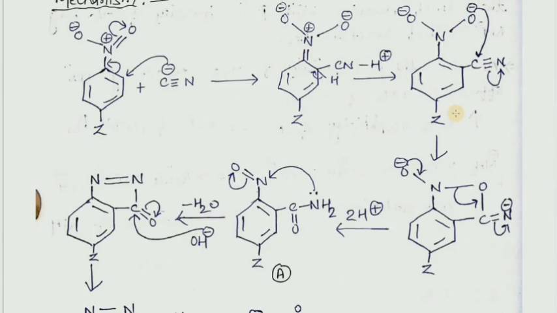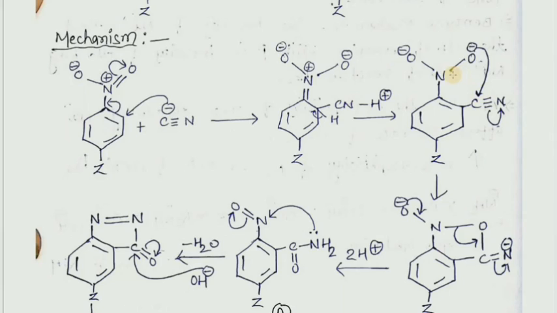In the next step, that is the third step, the oxygen atom with its negative charge, or its electron pair, attacks at the carbon of cyanide. This carbon is, we can say, an electrophilic center. So at this carbon this internal nucleophilic attack takes place.